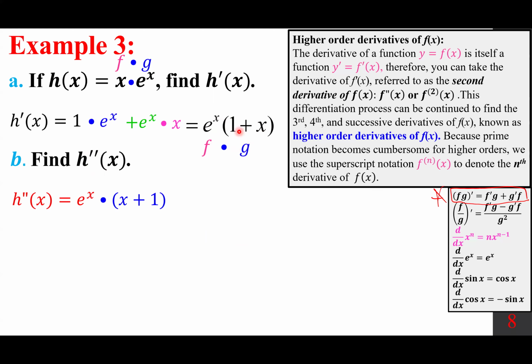And then plus g prime, the derivative of 1 plus x is simply 1 times f, which is e to the power of x. And I hope you see that we have e to the power of x times x plus 1 plus 1, which means x plus 2. And that's the final answer.